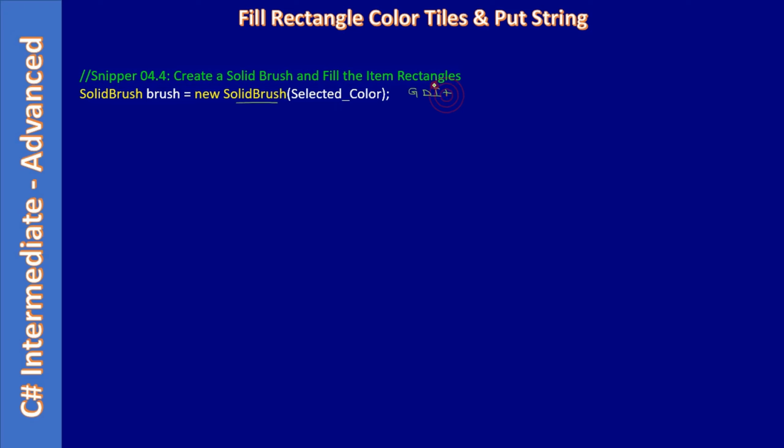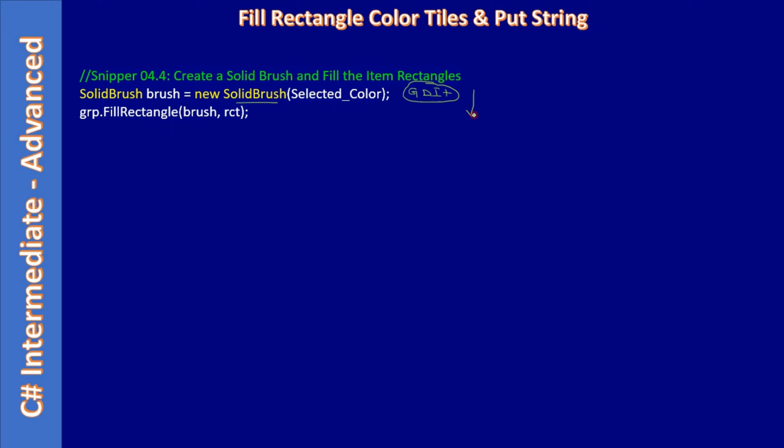There we talked about various types of brushes, like solid brush, gradient brush, and pattern or hatch brush. Those were covered in the GDI+ subseries. Here we are creating a solid brush with the selected color. Then we make a call to fill rectangle.